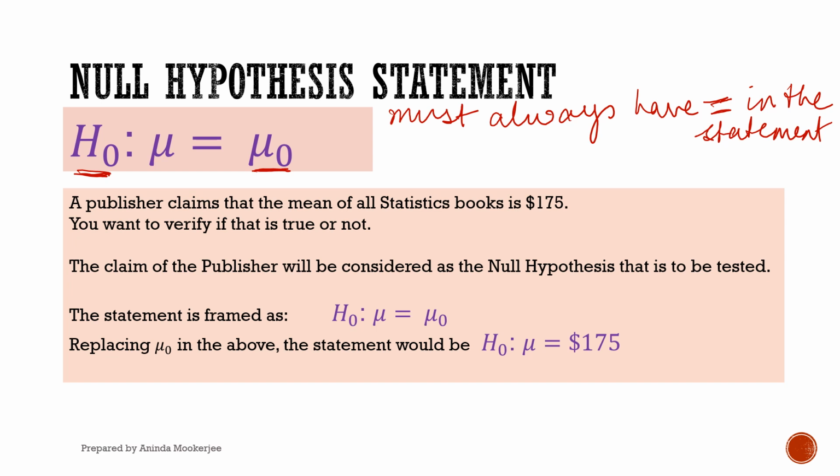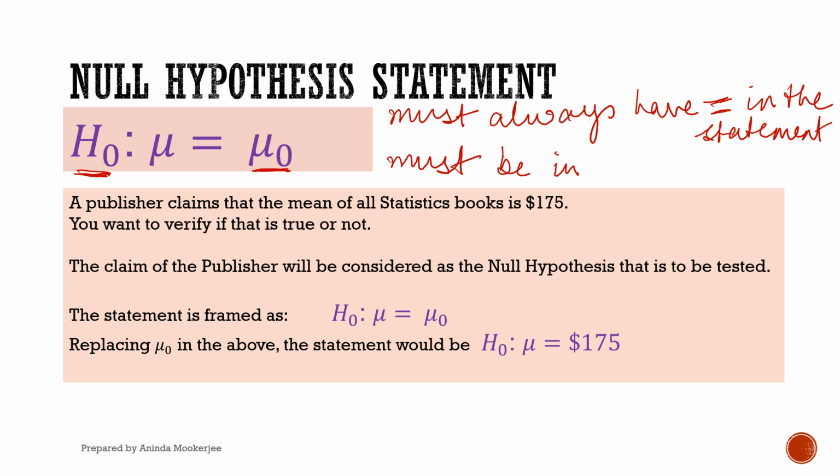This mu sub 0 is going to get replaced by a certain value, whatever the population mean for the null hypothesis is. And another thing that you must remember is that the null hypothesis statement must always be in terms of the population mean. All right, so you should always state your hypothesis with respect to the population measures.